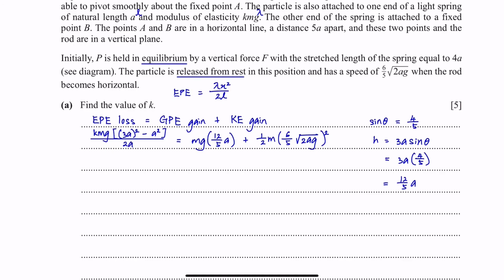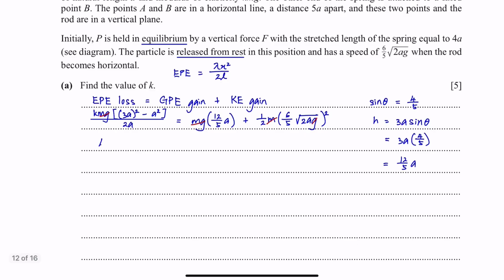So we can cancel the mg, and we would have 4ak equals to 12 over 5a plus 36 over 25a. So k would be 24 over 25.